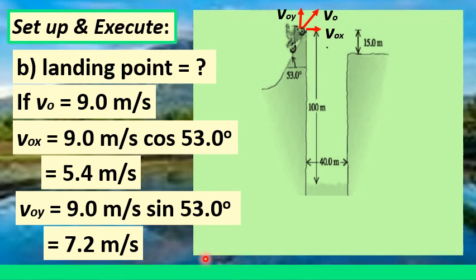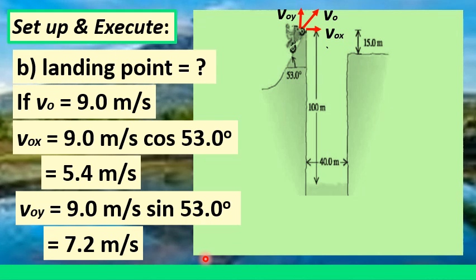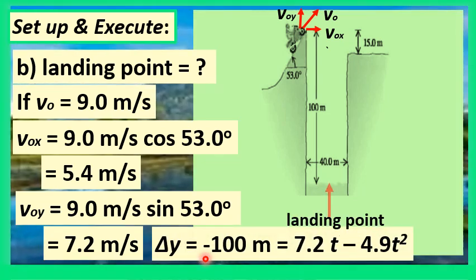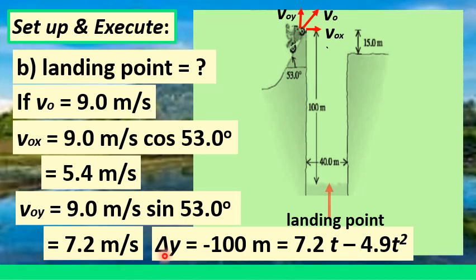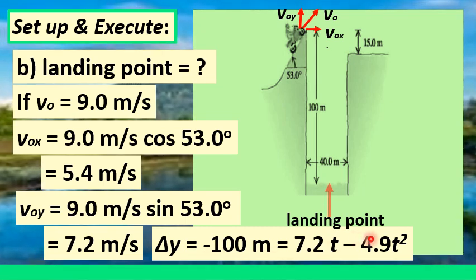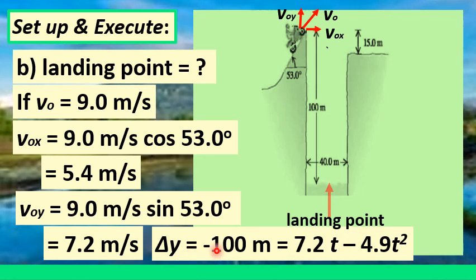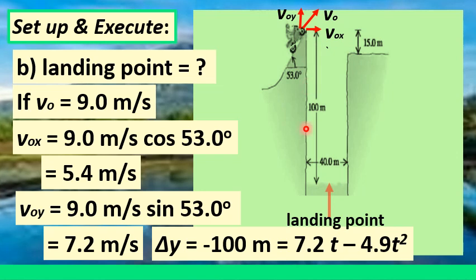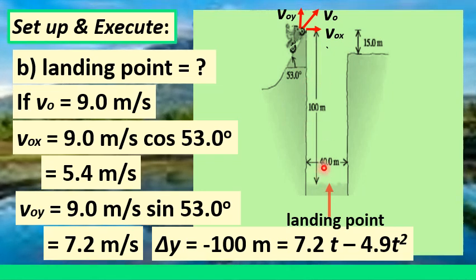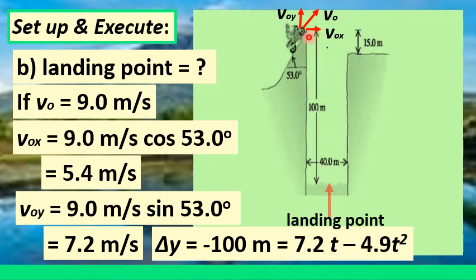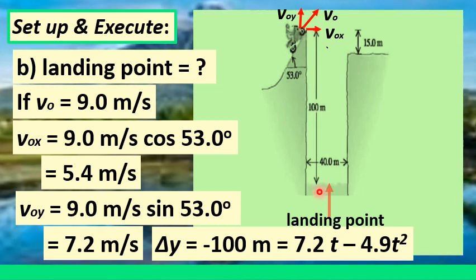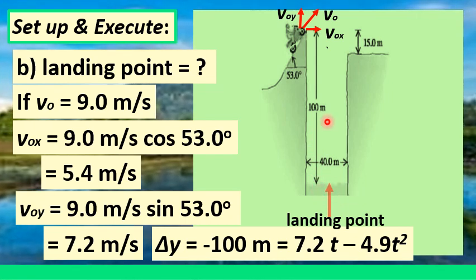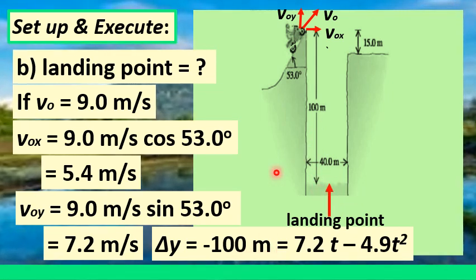Again, we use the equation for the vertical displacement delta y in determining the time t, because delta y is given as the distance between the top of the ramp to the surface of the water in the river. That is equal to 100 meters.